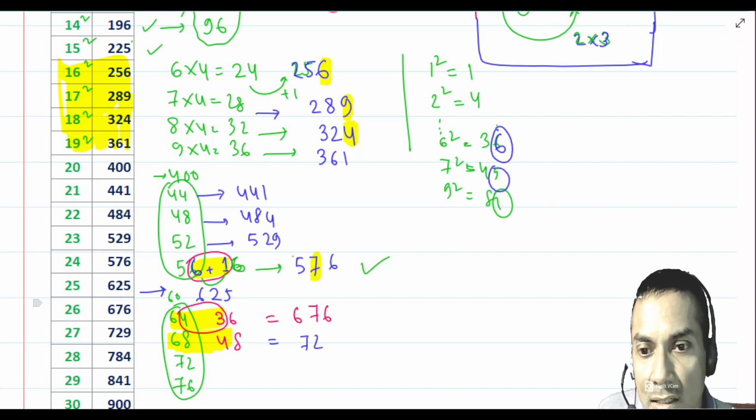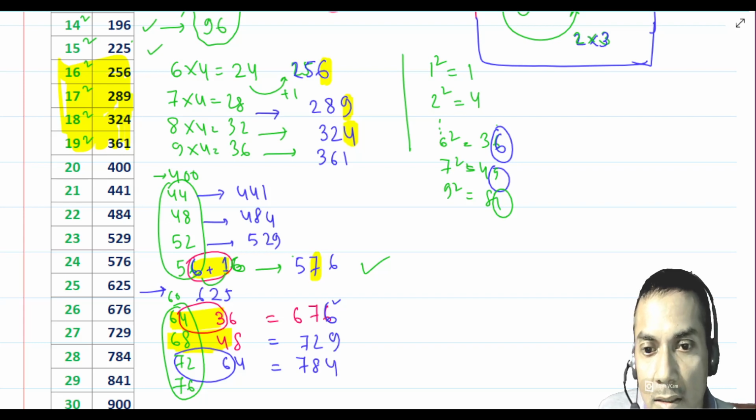6 square is equal to 36, so the unit value is 6. And here 7 square is 49, so the unit digit is 9. Here what you have to do? You have to check it. 8 square, how much? 64. So 64 plus 72, how much? You have to add together. 784, and the unit digit is 4.